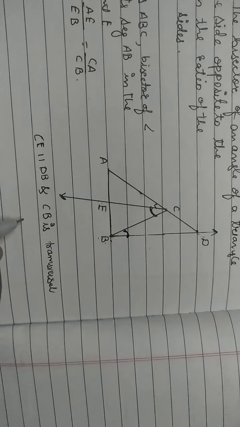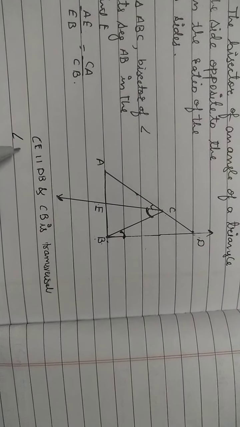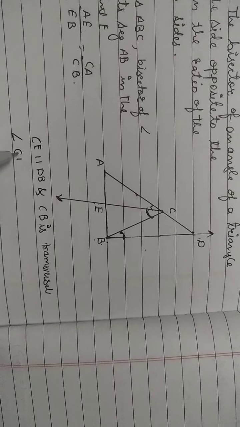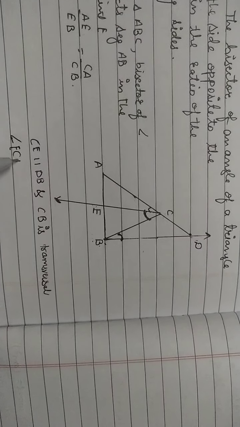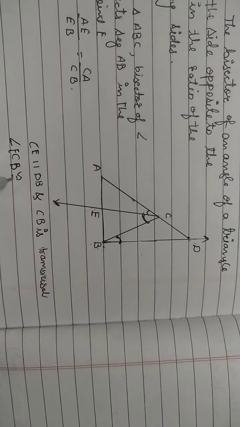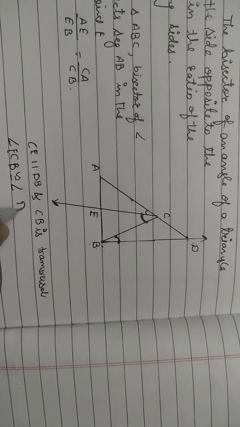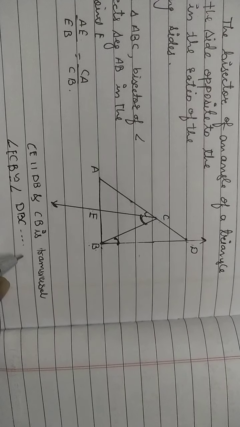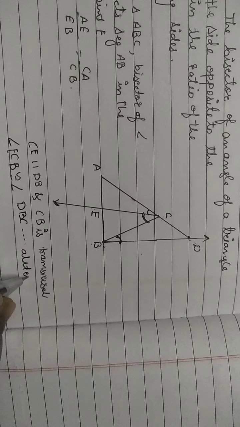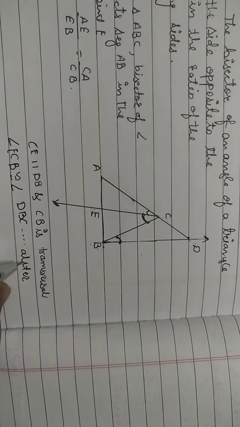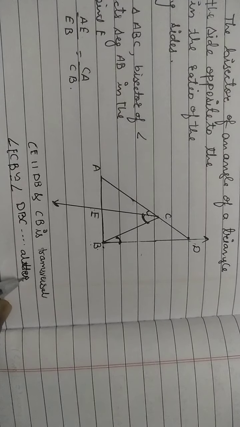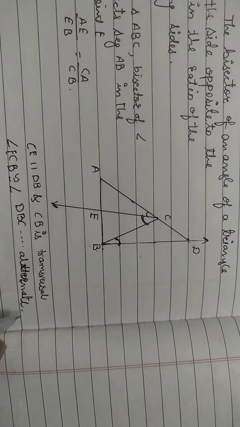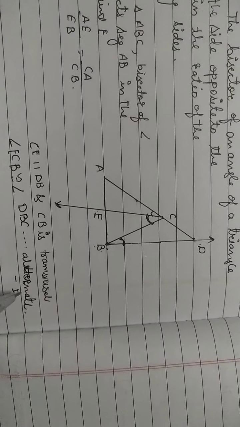Reason: alternate angles. So I can write here, angle ECB is congruent to angle DBC. Reason: alternate angles. I'll give it number 1.